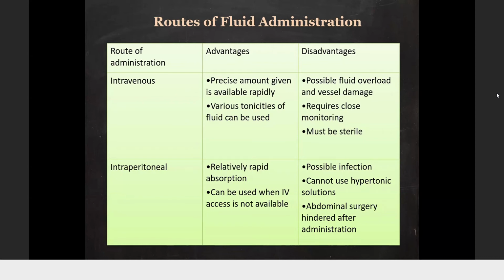That's one of the risks of using the intraperitoneal route. That's why if you want to give it intraperitoneally, make sure you wipe the area with 70% alcohol to sterilize it before inserting the needle, or maybe shave a bit of the hair on that area before inserting the needle.